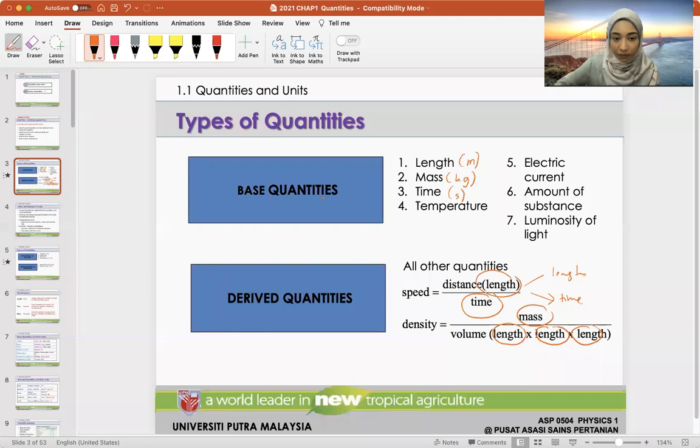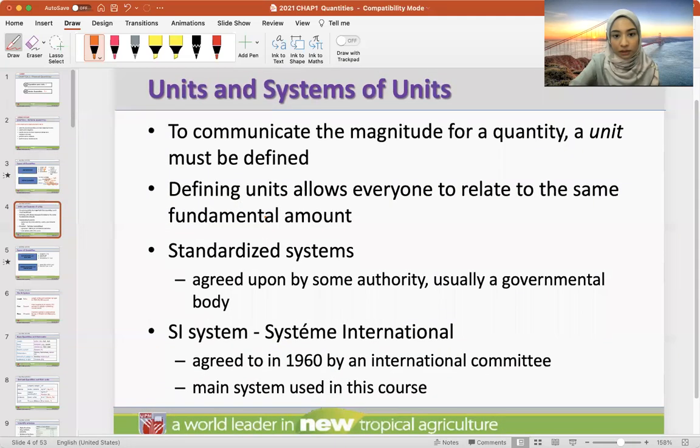You have to know the examples of base quantities: length, mass, time, temperature, electric current, amount of substance, which is moles, and luminosity of light, candela. We'll talk more on this. And derived quantities such as speed and density. You will learn more on derived quantities as we go along the semester. There are a lot of derived quantities actually.